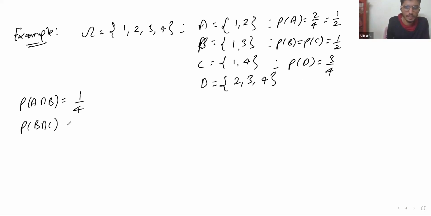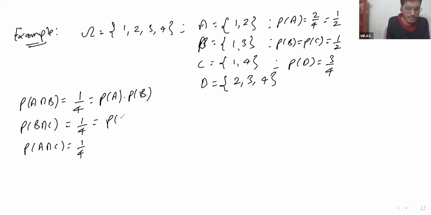And probability of B intersection C is also 1 by 4. Probability of A intersection C, that is also 1 by 4. And you can easily see that you can write it as probability of A, probability of B, and this as probability of B, probability of C, and this as probability of A, probability of C.